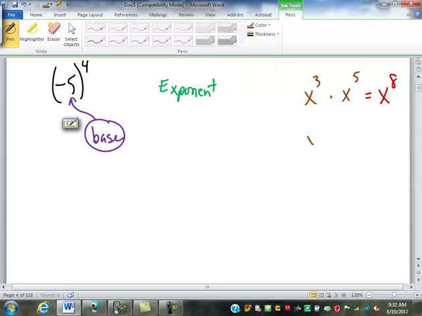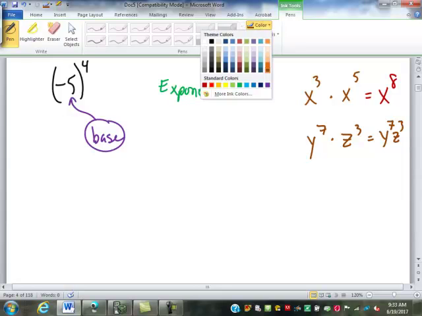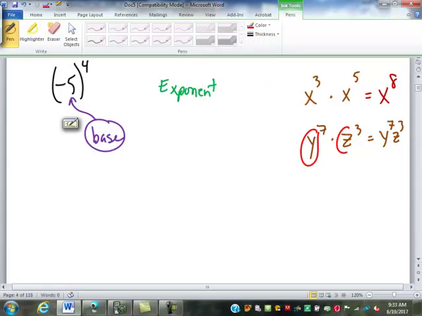But what if we had had y to the 7th times z to the 3rd? Yeah, it's just y to the 7th, z to the 3rd. Because there's different bases. In order to do that, combining the powers, and remember, we really are multiplying here, but the effect or the appearance is that we're adding the powers. In order to do that, we have to have the same base on those exponents.